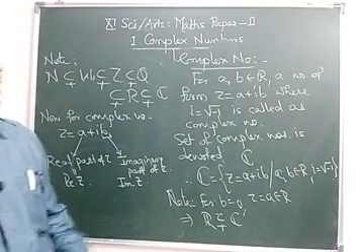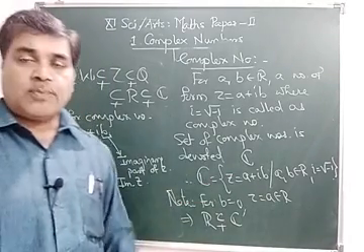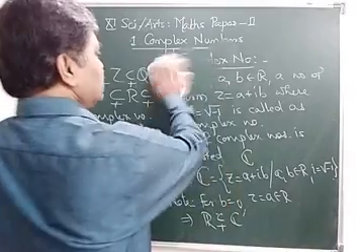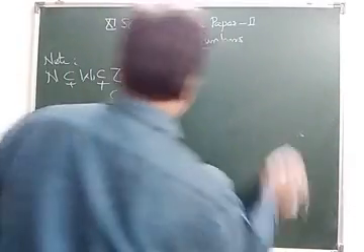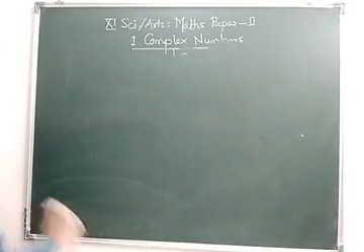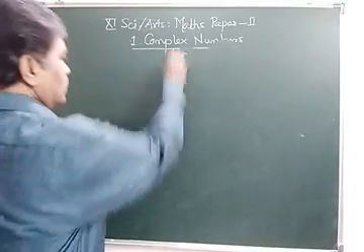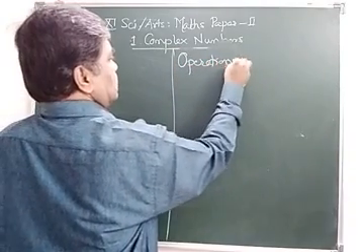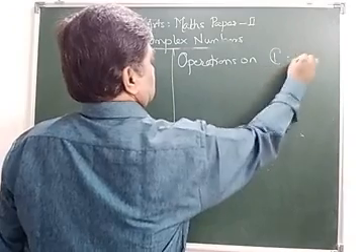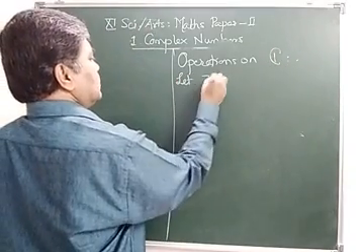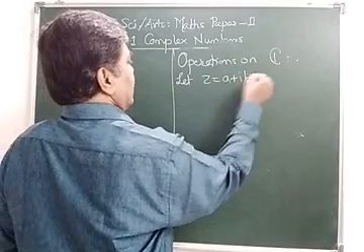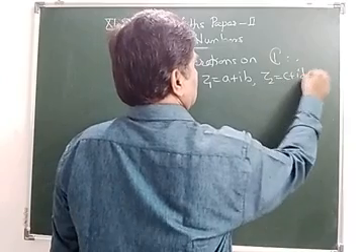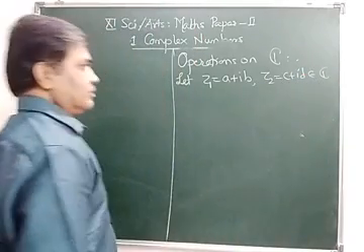So it is possible to define operations on the set of complex numbers: addition, multiplication, division, etc. So now, operations on C. Let Z1 is equal to A plus iB, and Z2 is equal to C plus iD, belonging to the set of complex numbers.